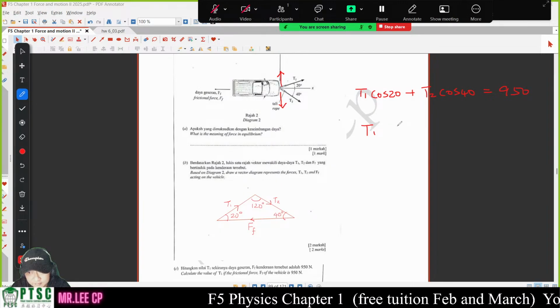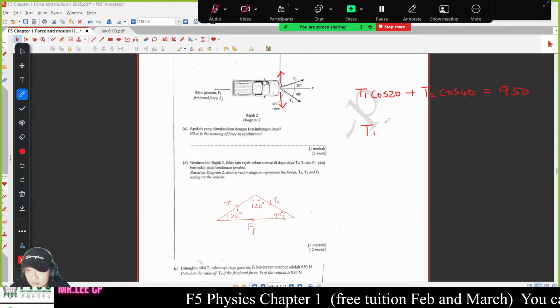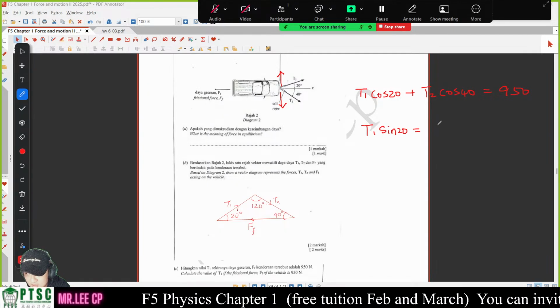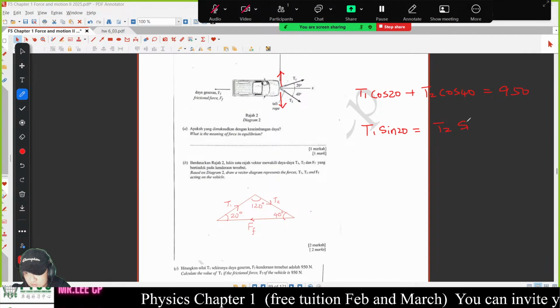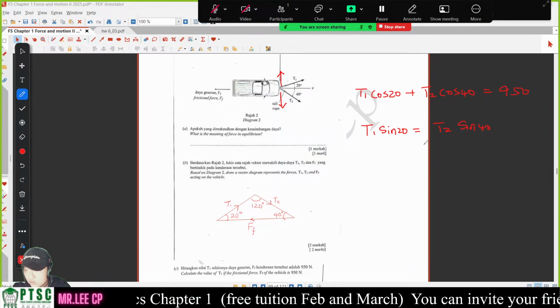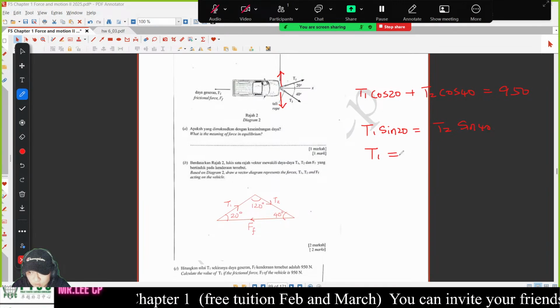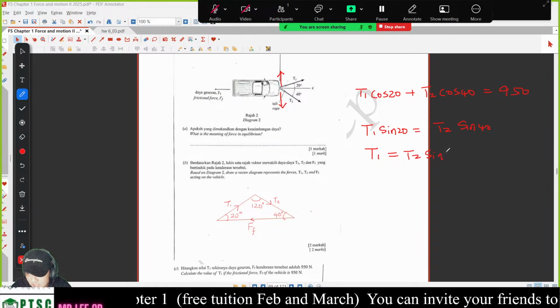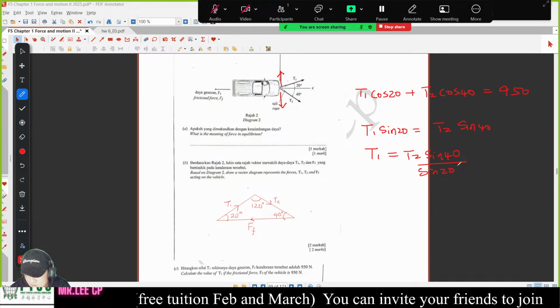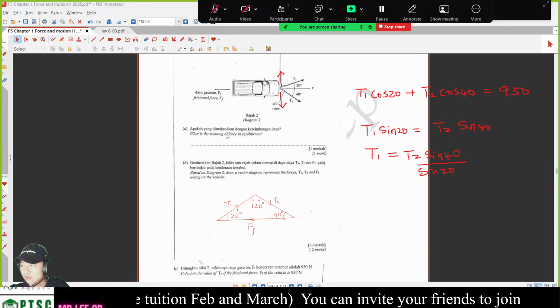T1 sine 20 is equal to T2 sine 40. Why sine 40? Because I bring the 40 down, I don't touch 40. So T1 is equal to T2 sine 40 over sine 20. If I draw it out, easier.